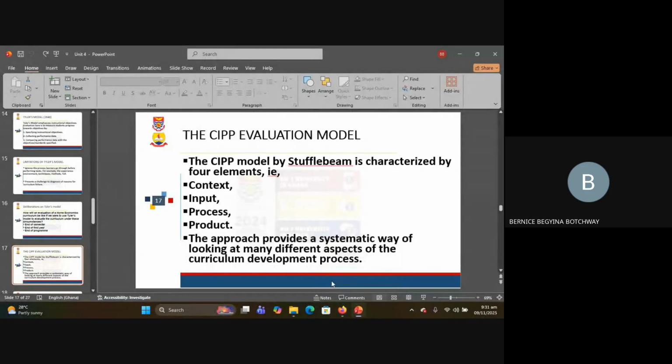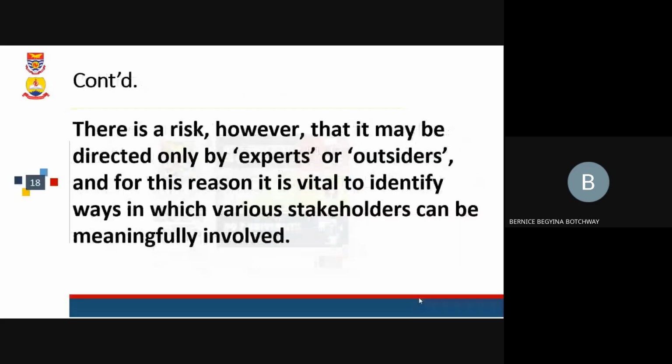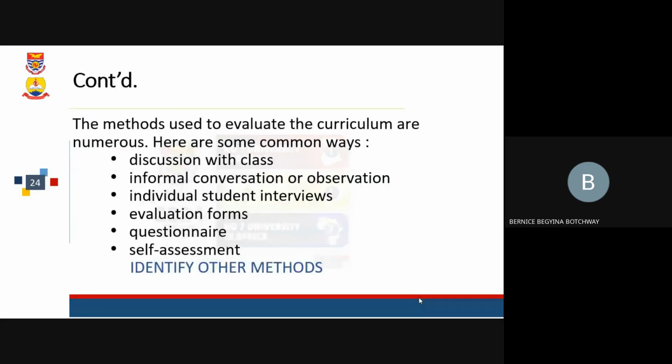Okay, so let me share my screen again. Okay. I think someone's hand is up.